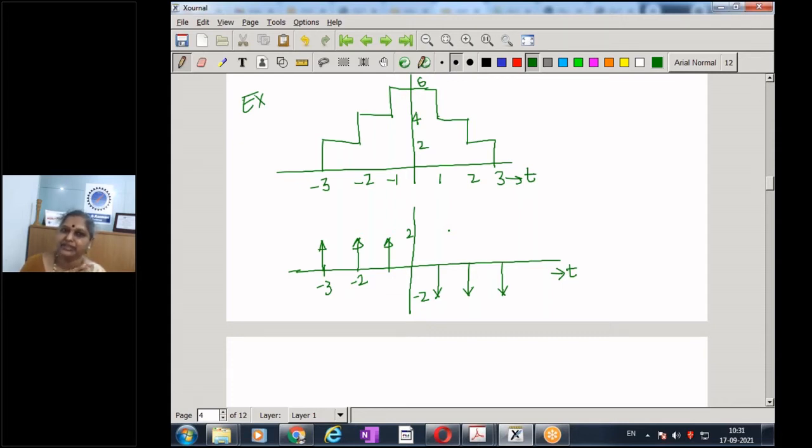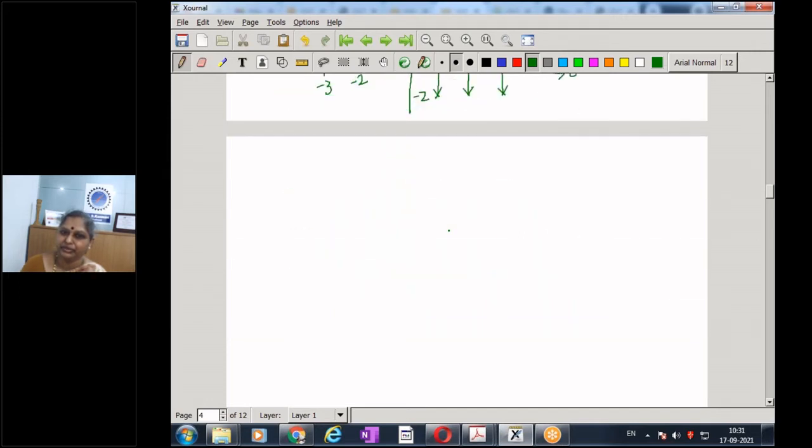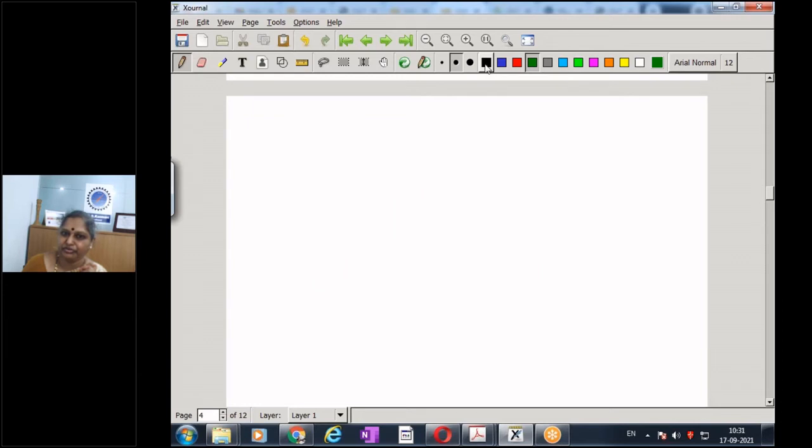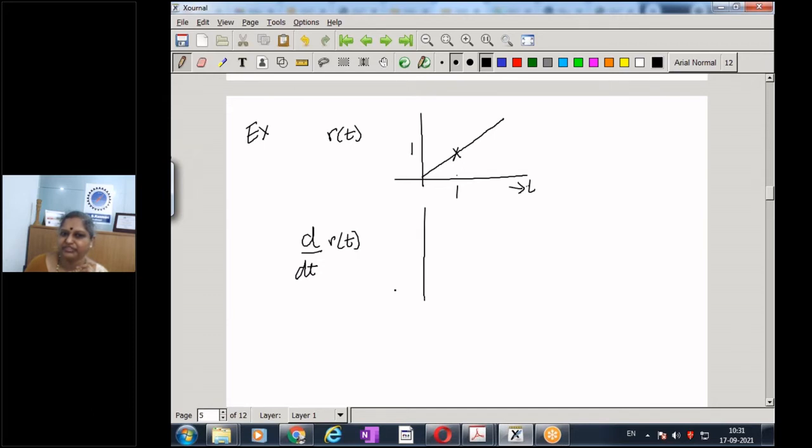Now my question is to perform the derivative of the third example. Please tell me what is the derivative of the unit ramp function. The unit ramp function is given in this manner. What happens if I differentiate it?